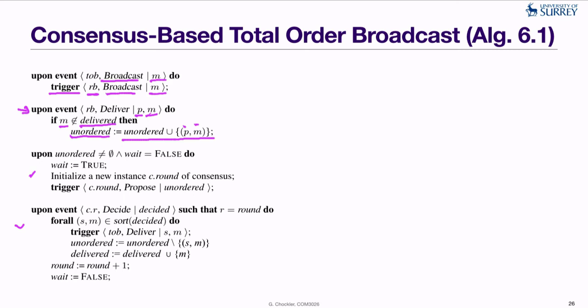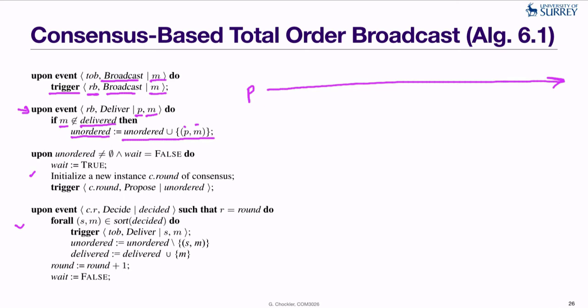Okay. So to see what happens here, let us consider a timeline of a single process. Let's say process P. We discussed that the algorithm has this notion of rounds.